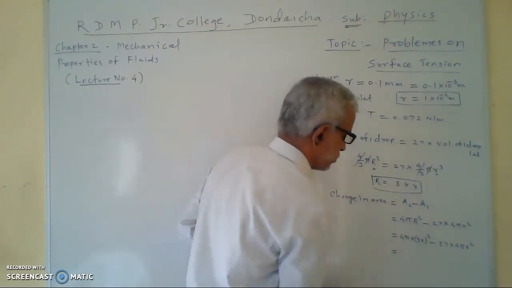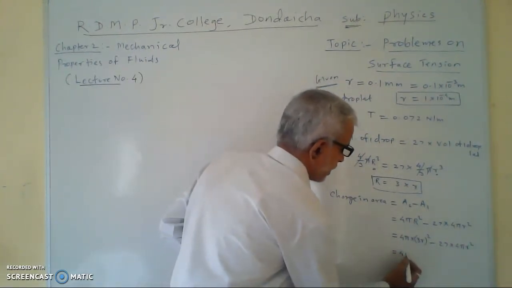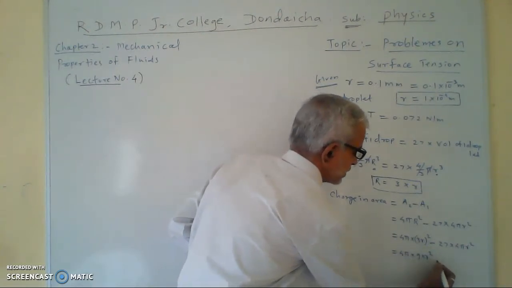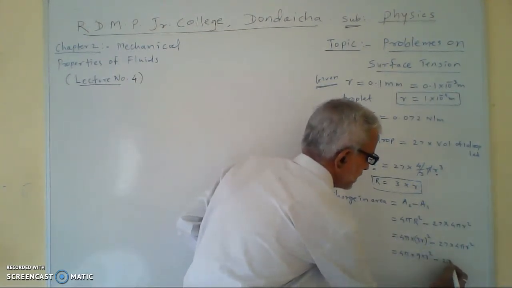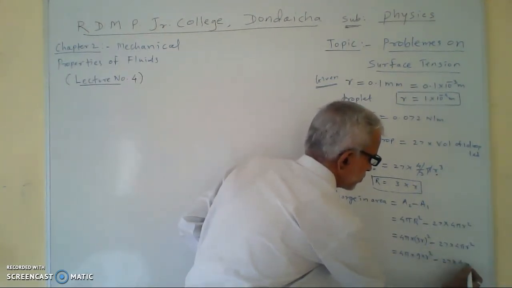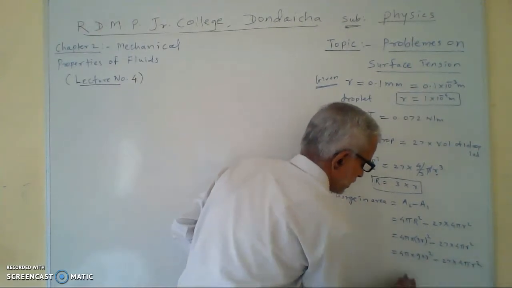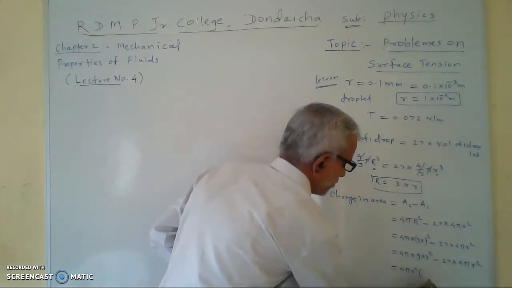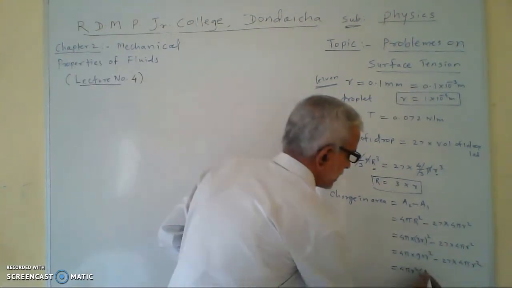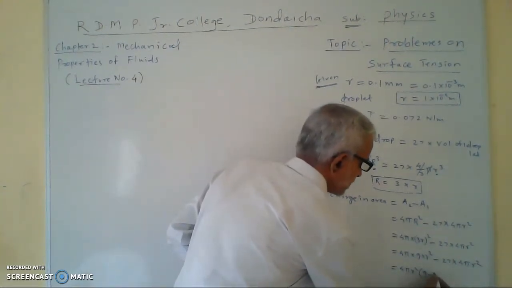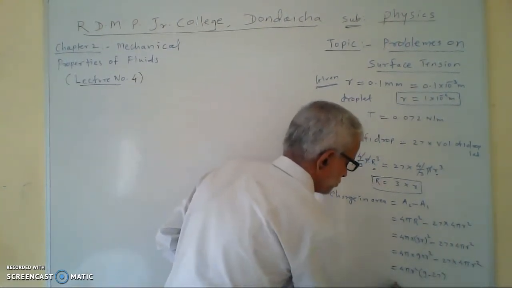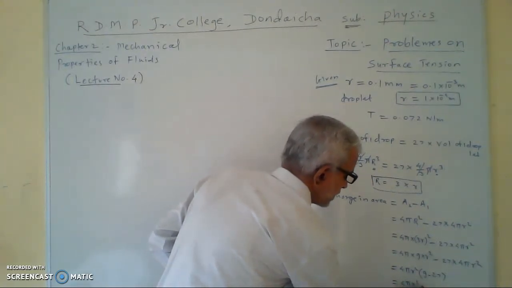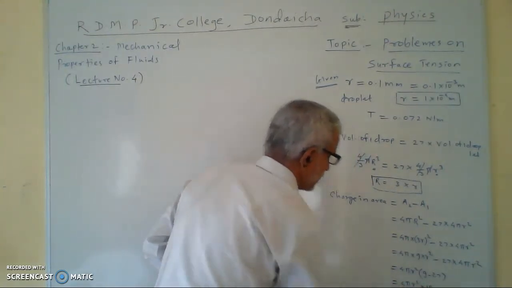So this is equal to 4 pi multiplied by 9 into r square minus 27 into 4 pi r square, equal to, now take 4 pi r square common. So in the bracket it is 9 minus 27. So this is equal to 4 pi r square multiplied by minus 18.